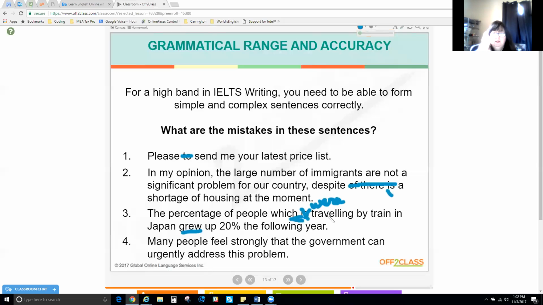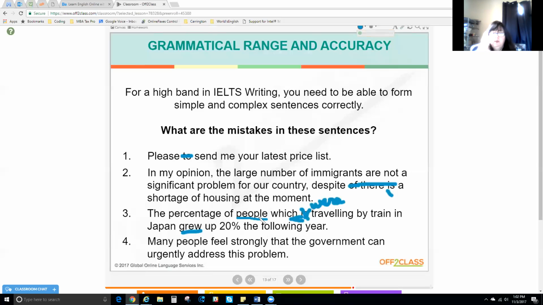What if we wanted to leave this in present tense? We'd still need to change it to "are" instead of "is," right? Why is that? Because "people" is plural.